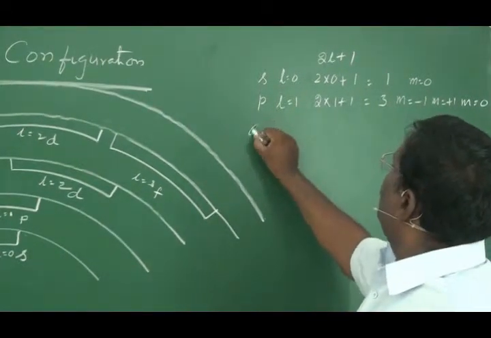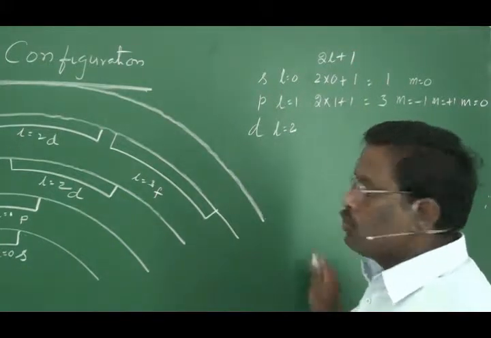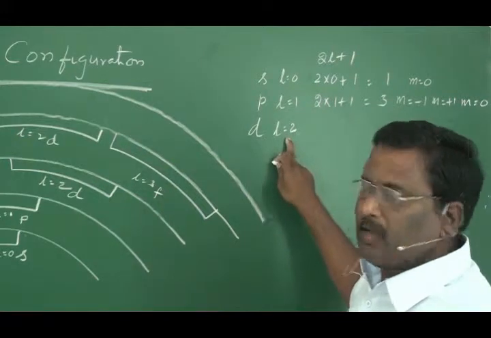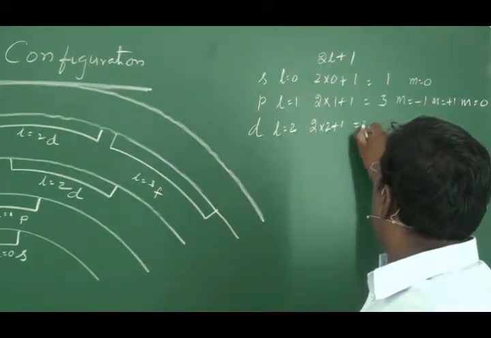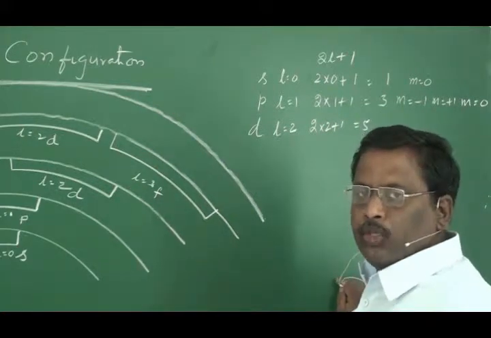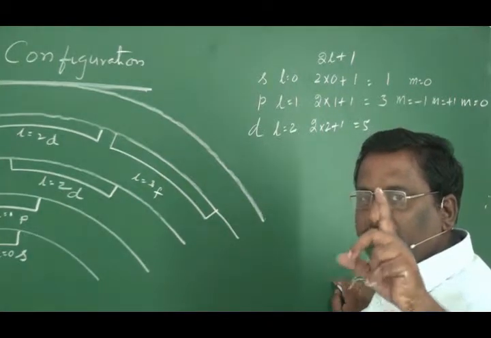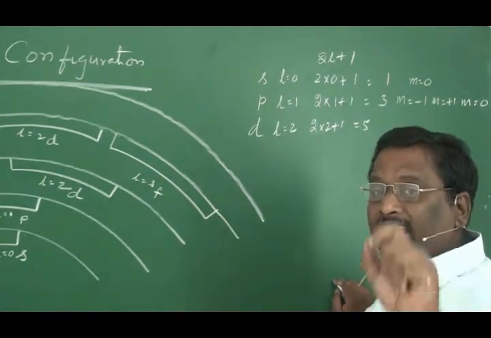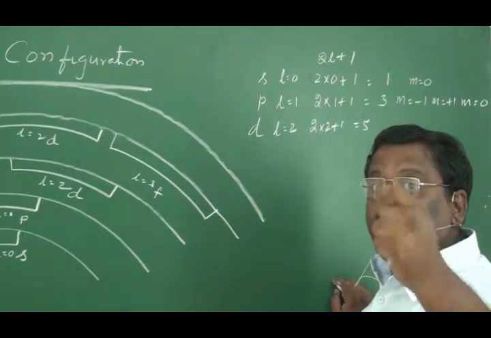Similarly, if D sub-energy level is there, L is equal to 2. So the number of orbitals present in D sub-energy level are equal to 2 into 2 plus 1, that is 5. So it has 5 M values. There are 5 D orbitals in D sub-energy level with 5 M values.